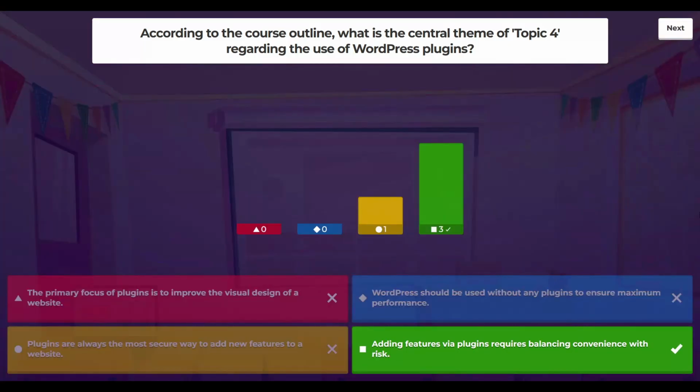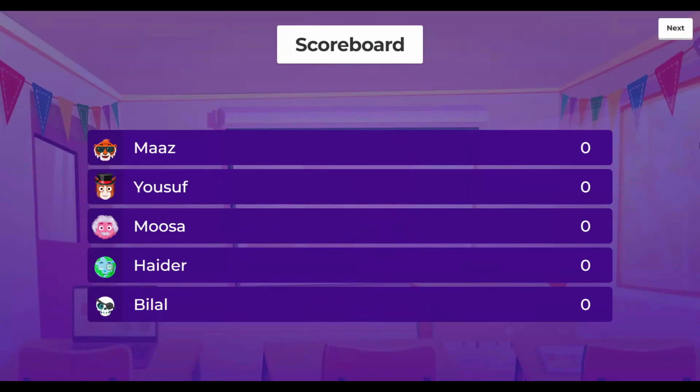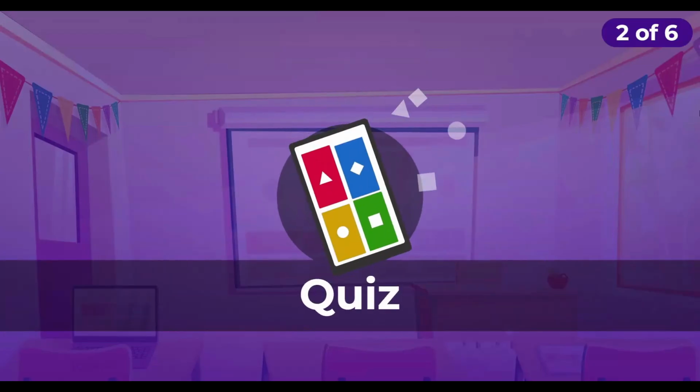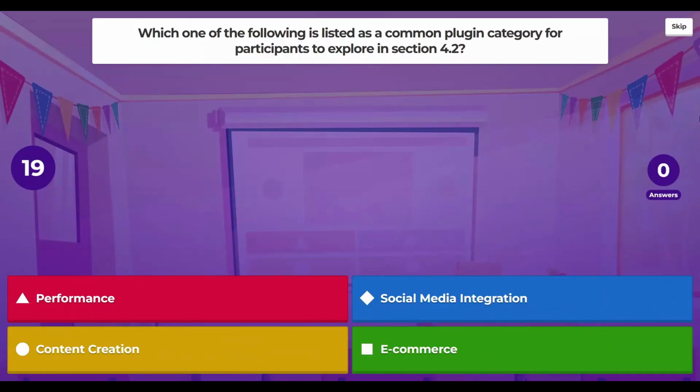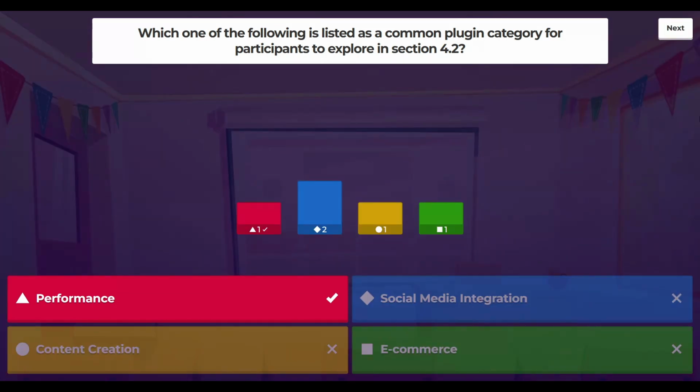Right, so the correct answer was to balance the plugins that you add and the convenience that comes with them with risk. The correct answer was performance. Performance was one of the listed plugin categories for you guys to explore.